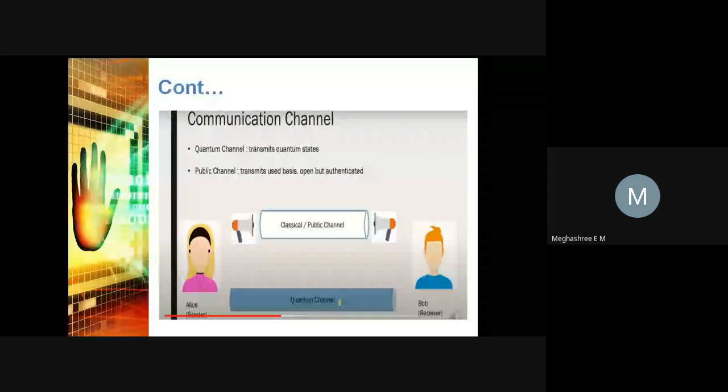Once this channel is set up, Alice and Bob must have devices capable of sending and receiving information that is encoded as quantum states. For the implementation of quantum key establishment, special hardware devices are required, and these devices should be capable of sending and receiving information that can be read by them.